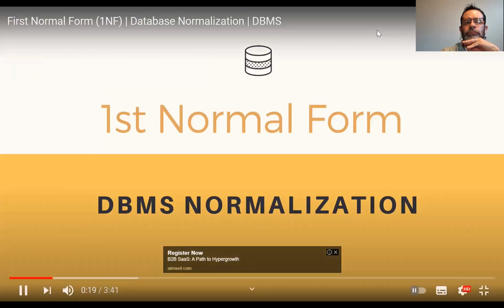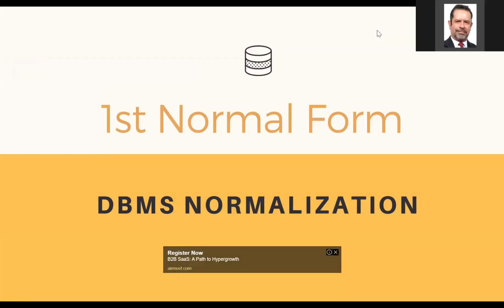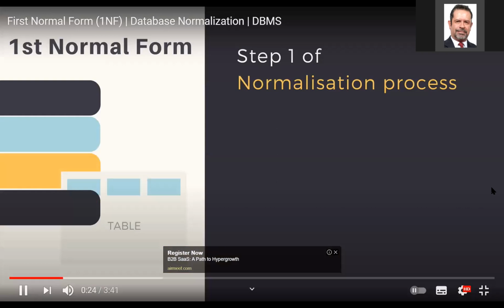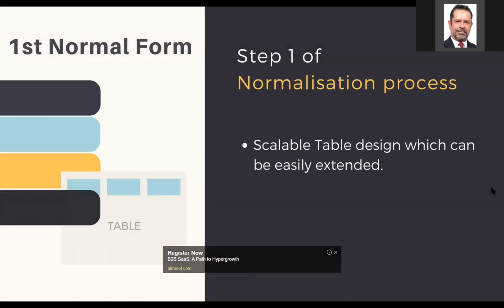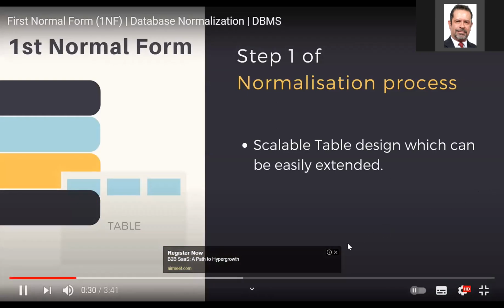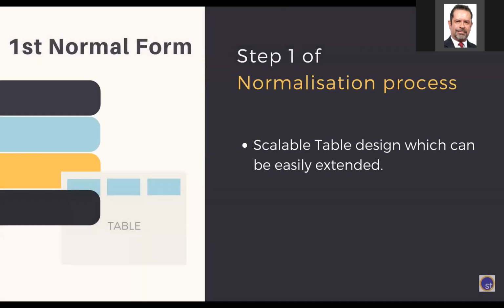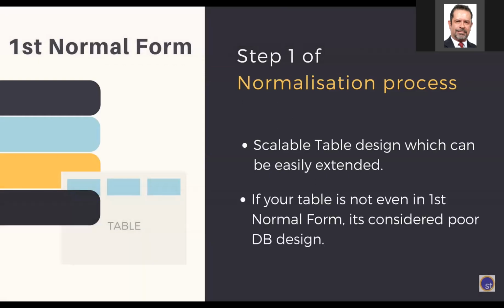In this video, we will learn about the first normal form, which is like step 1 of the normalization process. The first normal form expects you to design your table in such a way that it can easily be extended and it is easier for you to retrieve data from it whenever required. If a table or a database is not even in first normal form, it is considered as bad database design.